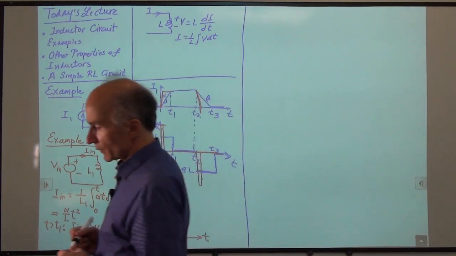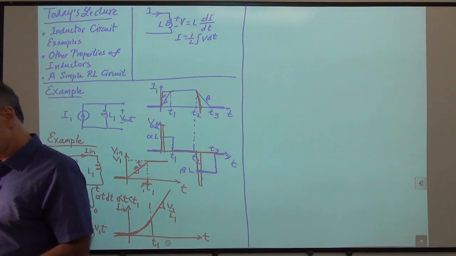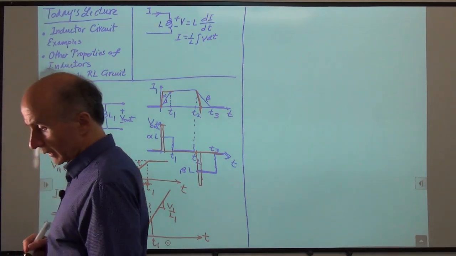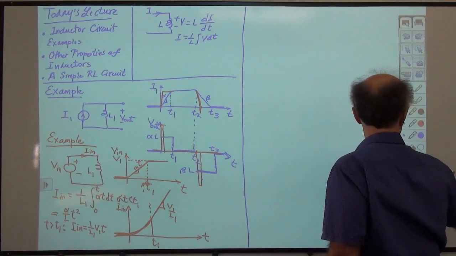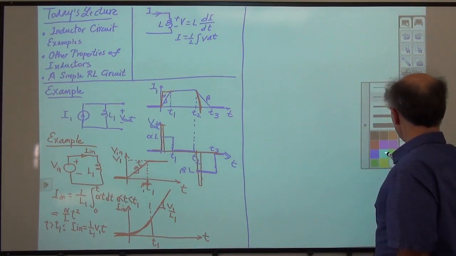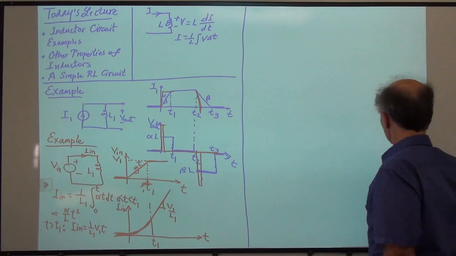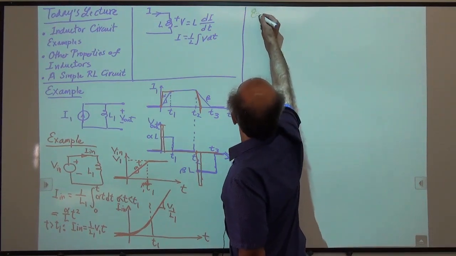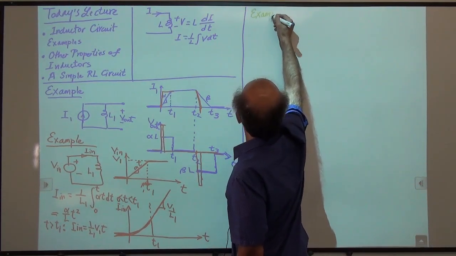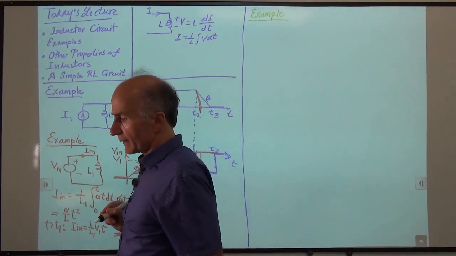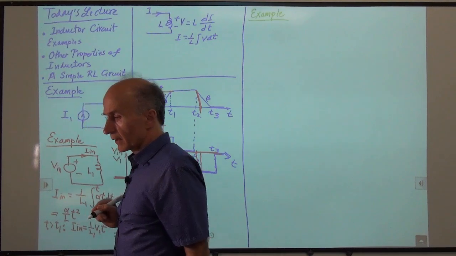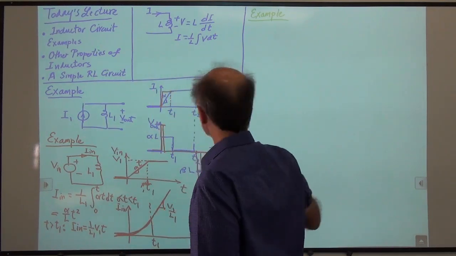All right, so let's go on to another example to see what happens here. So let's change the color of our pen to green. Look at another example here. Okay, so in this case, we will consider something very simple.